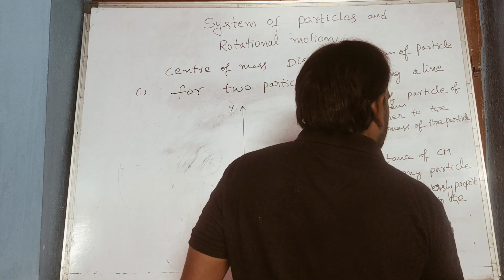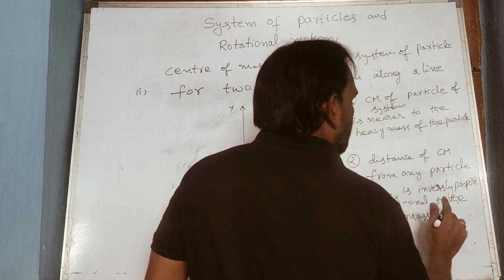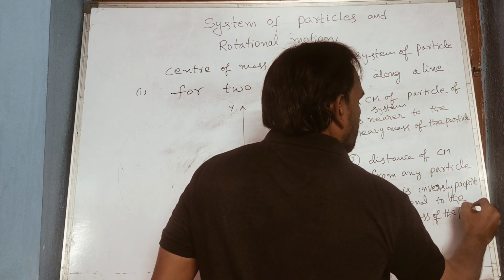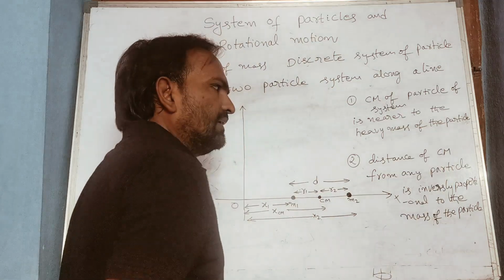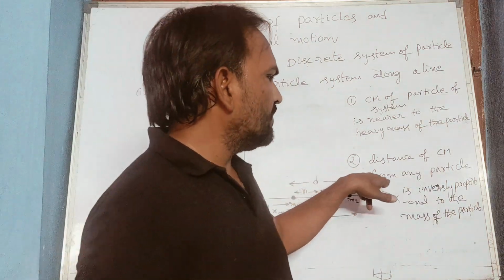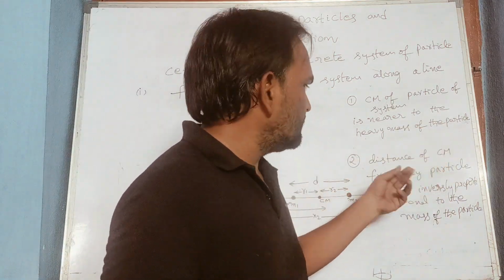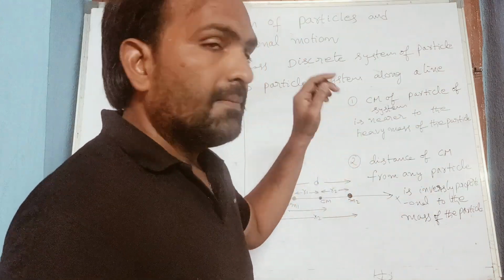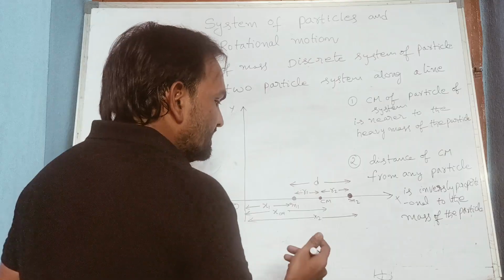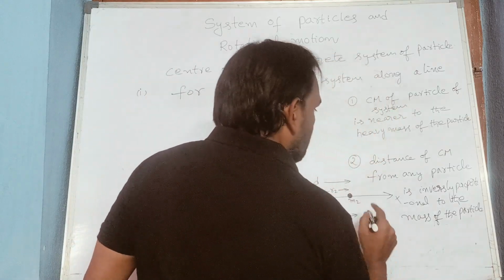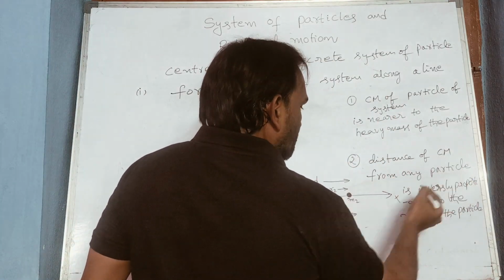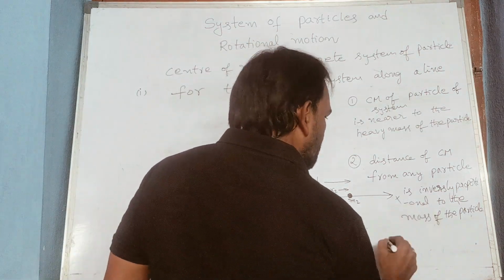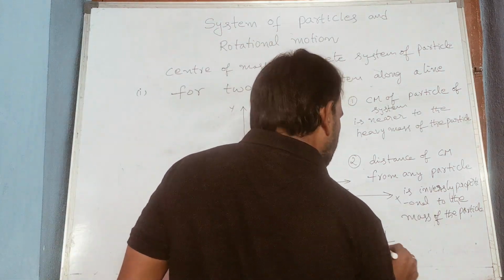How do you write this? The distance of center of mass from any particle, R, is inversely proportional to the mass of the particle, 1 by m.